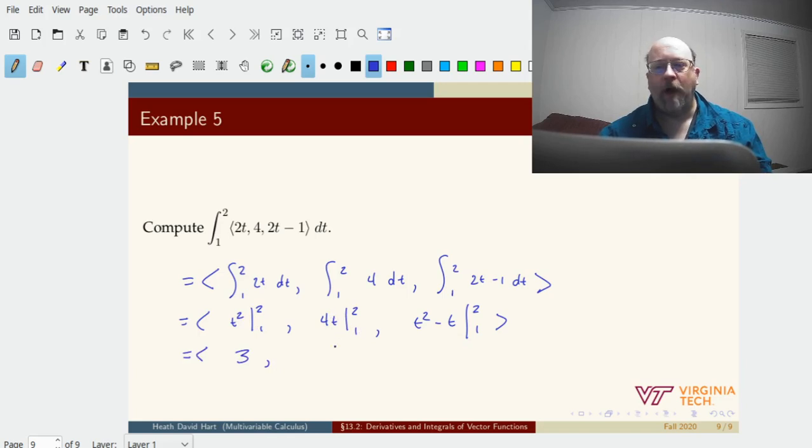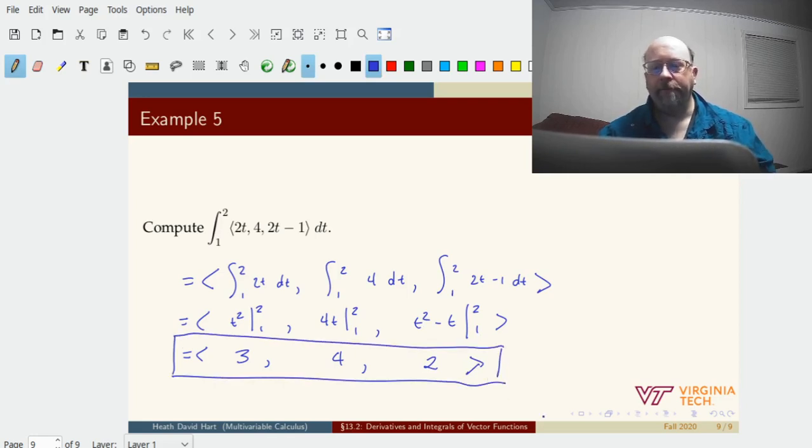When we plug in 1, we get 4. 8 minus 4 is 4. When we plug in 2, we get 4 minus 2 is 2. When we plug in 1, we get 1 minus 1 is 0, and 2 minus 0 is 2. And so we get this vector here.